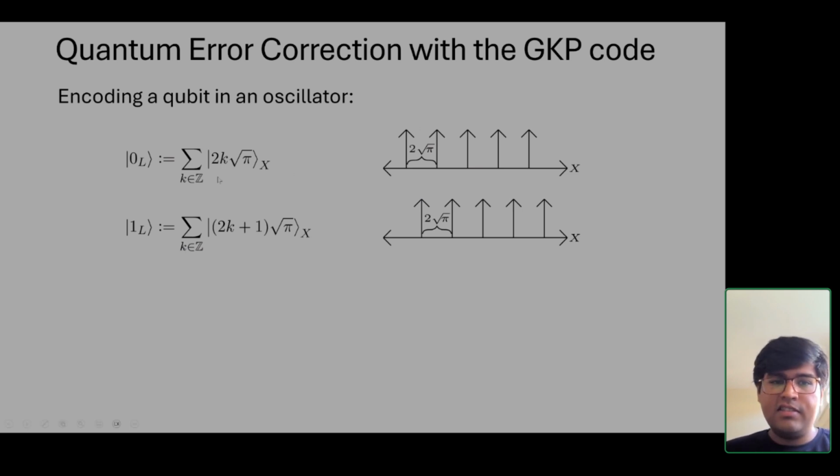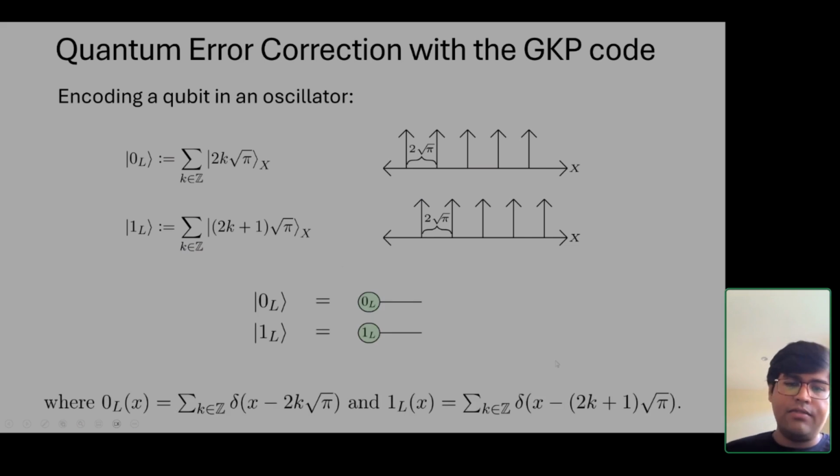So you can think of this as summing over all even locations for ket 0 and odd locations for ket 1. Representing the logical states in our calculus is quite straightforward, because we allow any arbitrary functions on the labels, which means we can simply label ket 0 and ket 1 with these functions, which are sums of Dirac deltas.